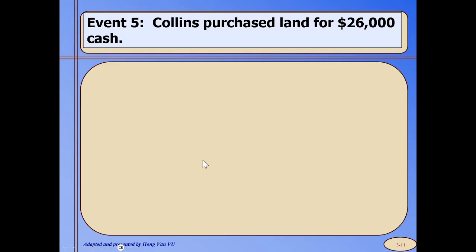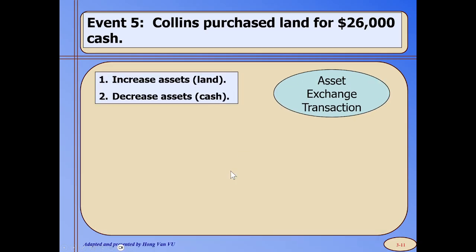Now we look at transaction number 5. Collins purchased land for 26,000 in cash. So this transaction increases the land asset account and decreases the cash asset account. It is classified as an asset exchange transaction.